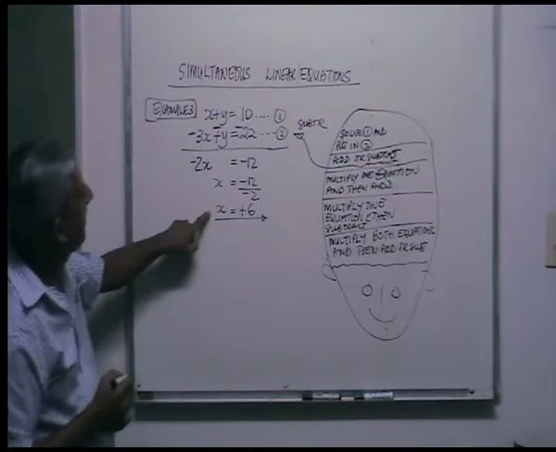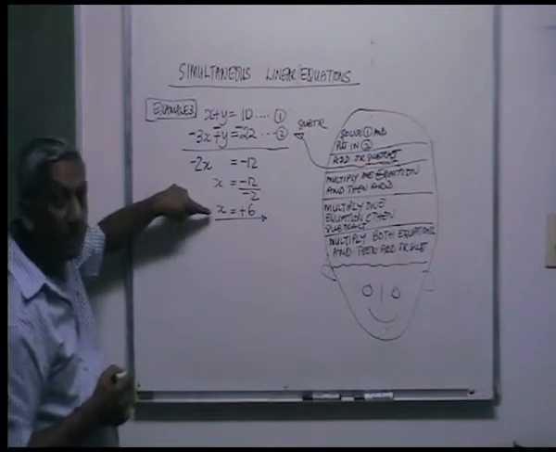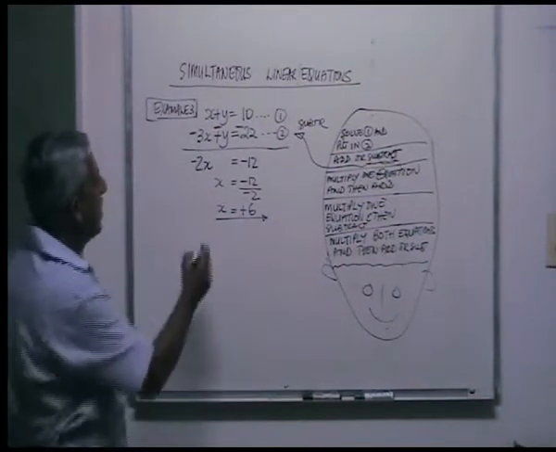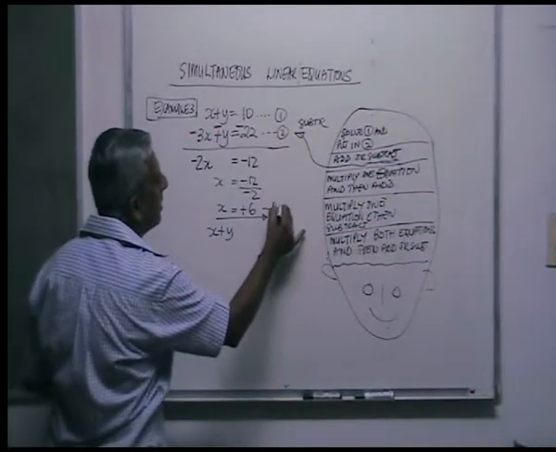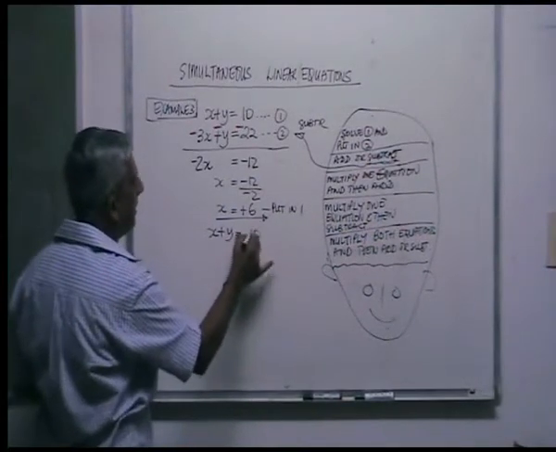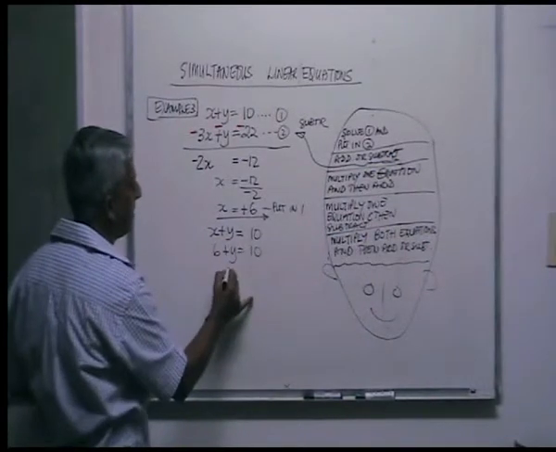Now you take this and you can put it in 1 or 2. Now be clever, because number 2 is harder. So put it in 1. So 1 is x plus y. So we're going to put in 1. X plus y is equal to 10. So what is x? 6. 6 plus y is equal to 10.